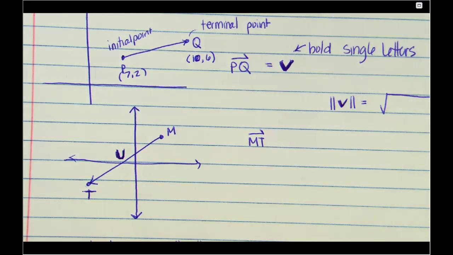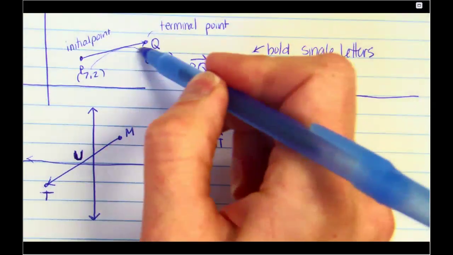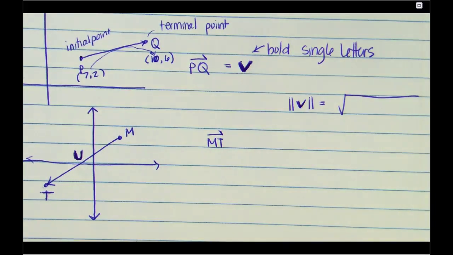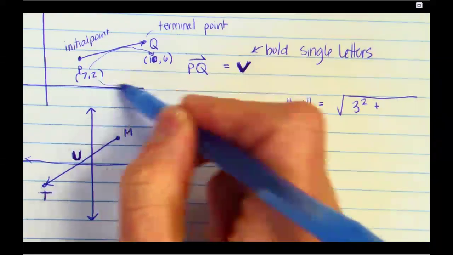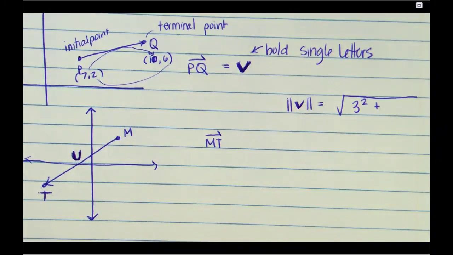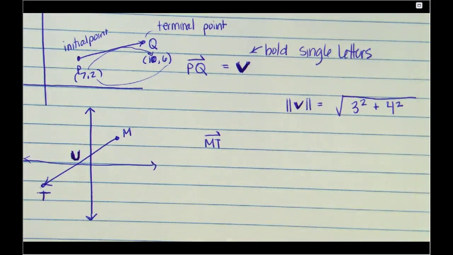Square root. This is really easy. I know it looks like it's not easy, but the formula says change in x. So how much does x change? 3. And then how much does y change? 4. There's a lot of notation stuff, but it's not hard math.